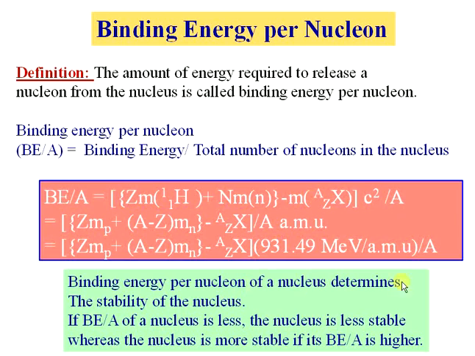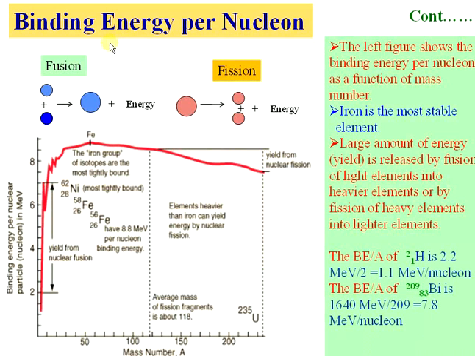So this is the binding energy per nucleon concept, and here you can see the behavior of various nuclei with the mass number A. When we increase the mass number, how does the binding energy per nucleon behave? This is the light mass region, and we are increasing the mass number.